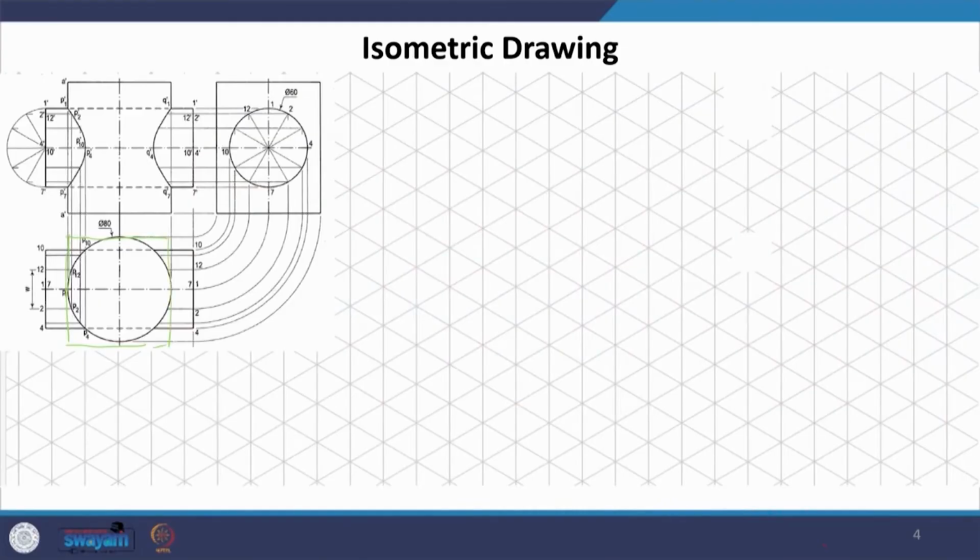What I am doing is you can start by taking reference squares or rectangles. This is the reference that I am taking. So, for the top one I draw a circle.